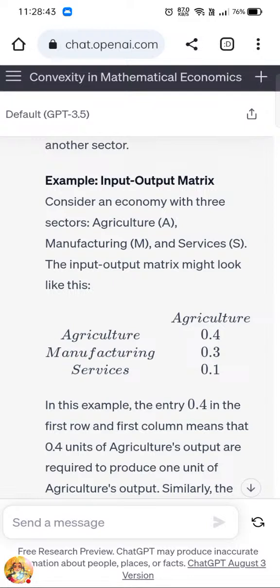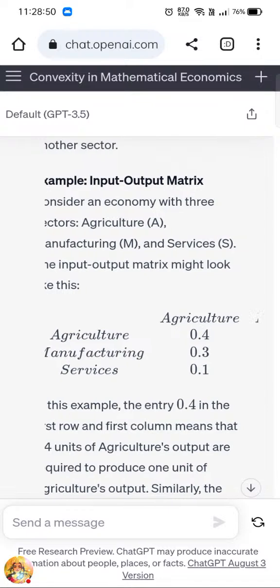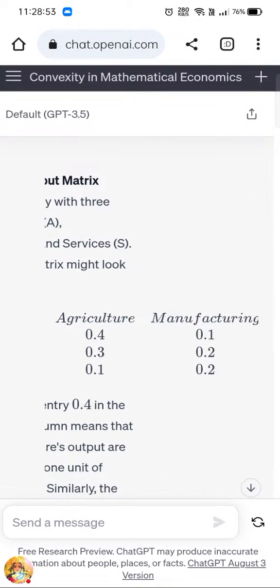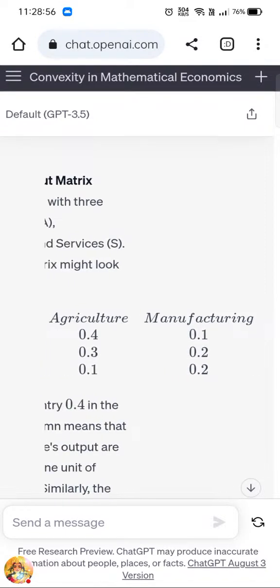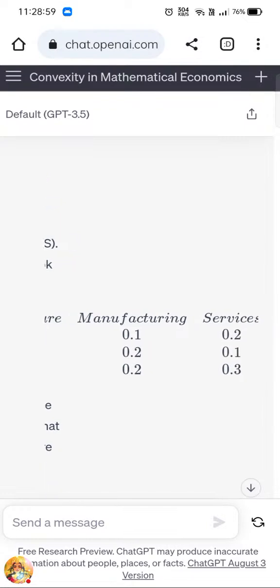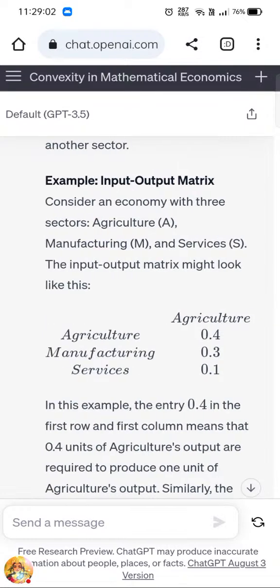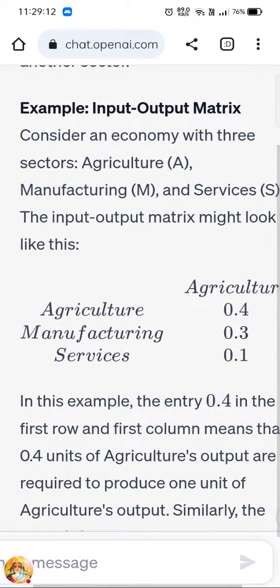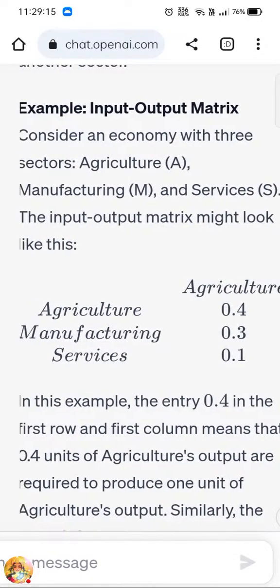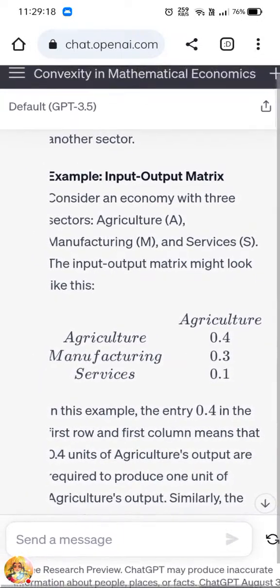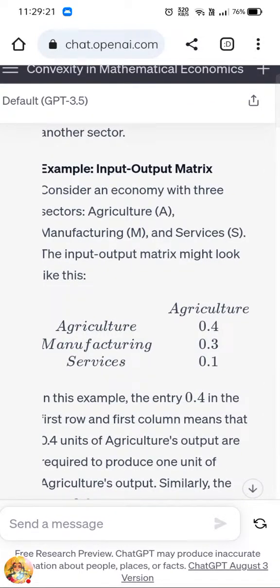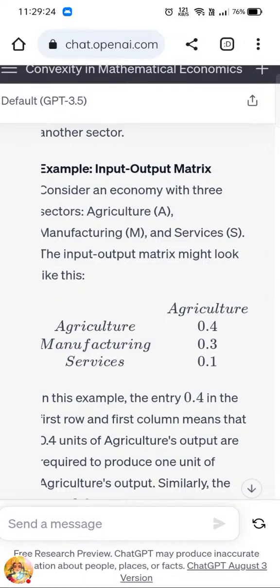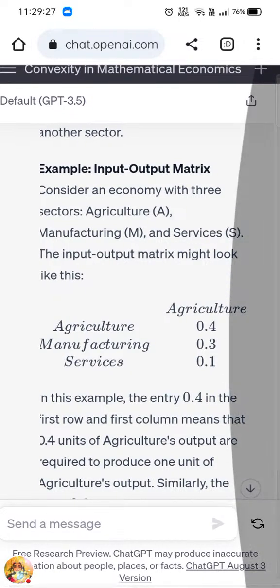By taking this example, let me explain: if agriculture wants to produce 0.7 of output, agriculture needs 0.4 of input from its own sector, then 0.3 from manufacturing, and 0.1 from the services sector.